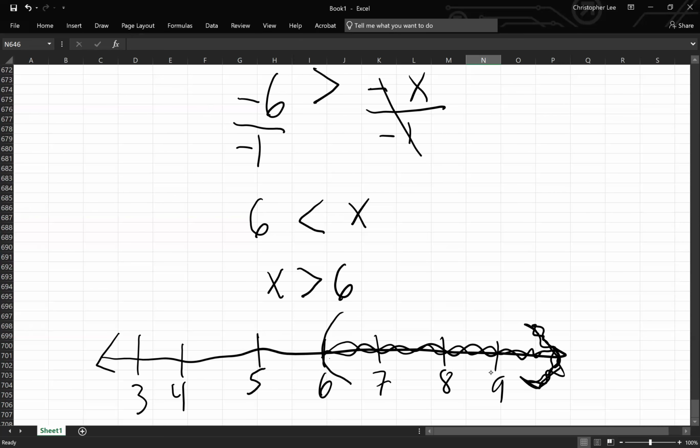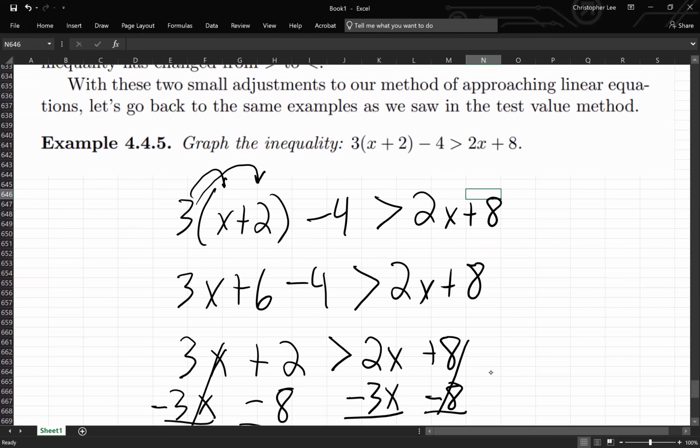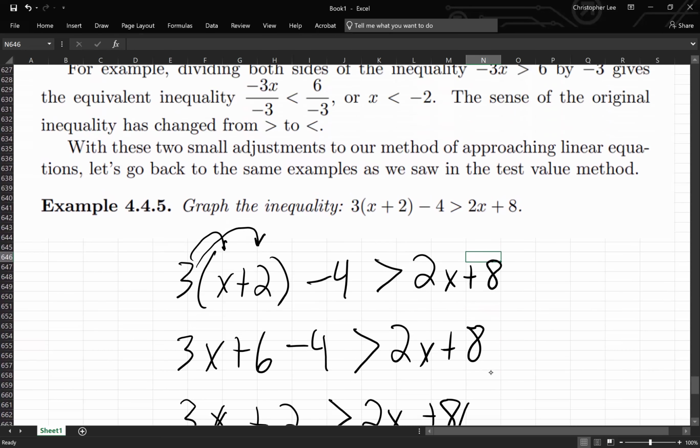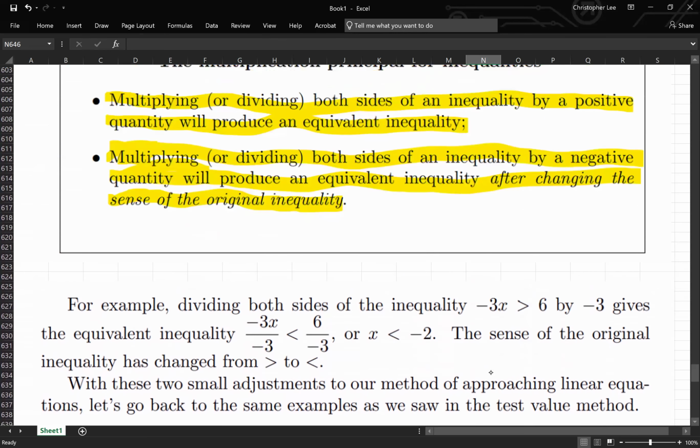Okay. The original question? This part? Like the paragraph part, this? Go up? Oh, this part.